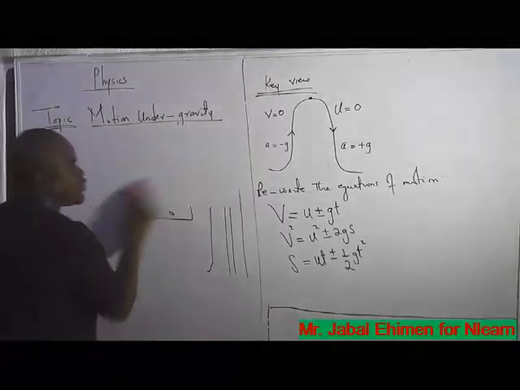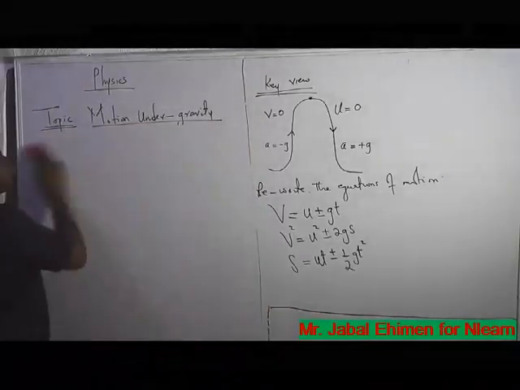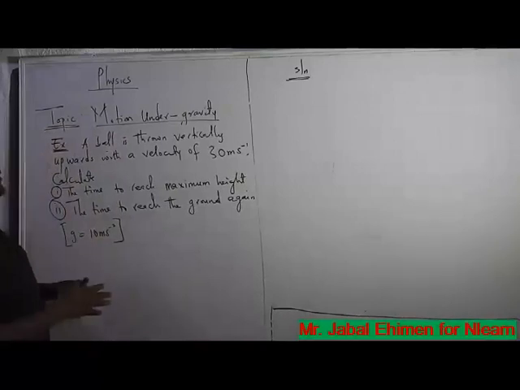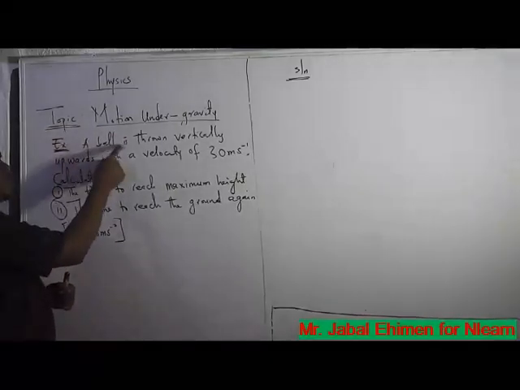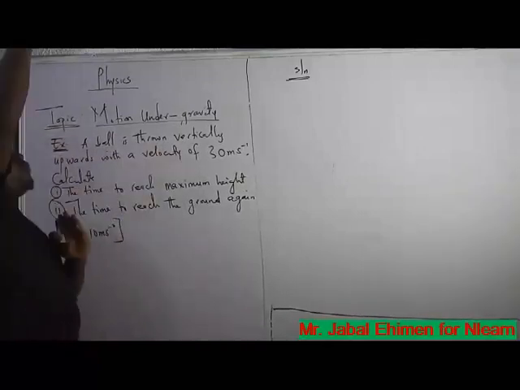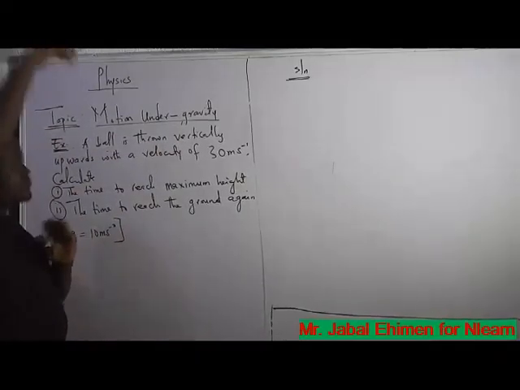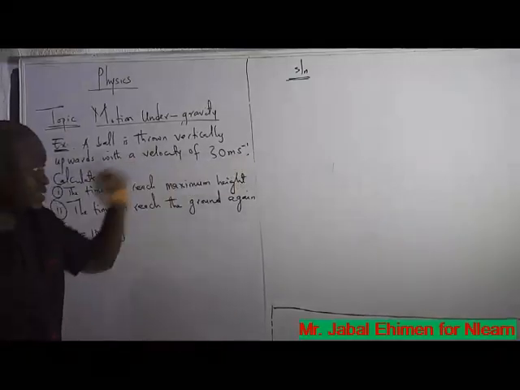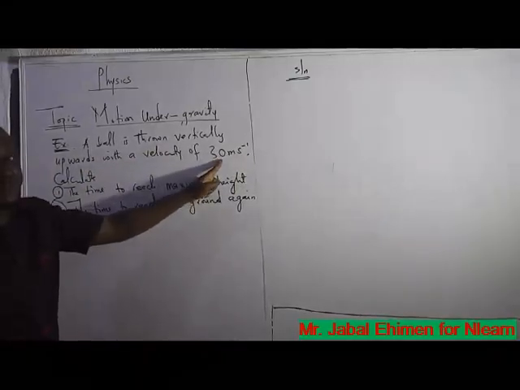Now, we're going to take a question to support that. From our example on motion under gravity, it said a ball is thrown vertically upwards with a velocity of 30 meters per second. This velocity is an initial velocity.